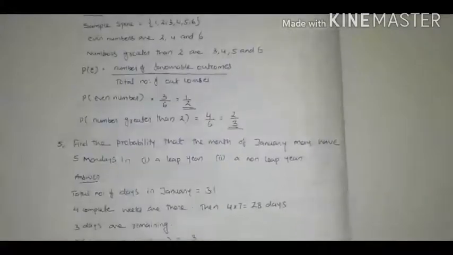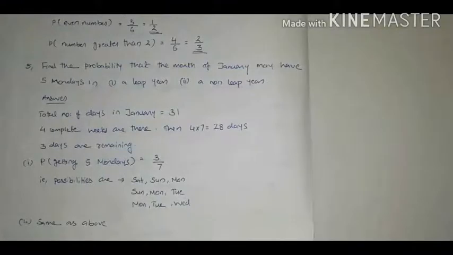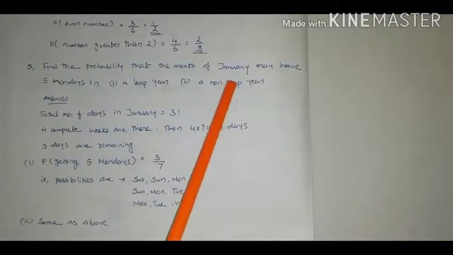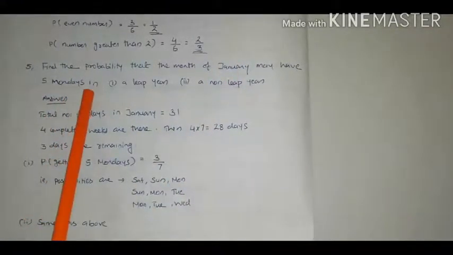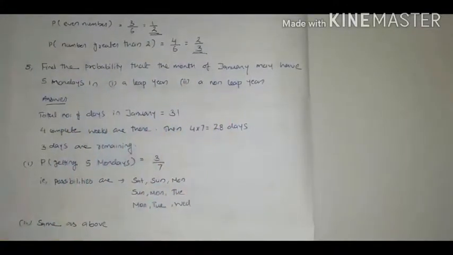And then the next question: find the probability that the month of January may have 5 Mondays. First, if it is a leap year, and second, if it is a non-leap year. Look at the question. Here the month given is January.